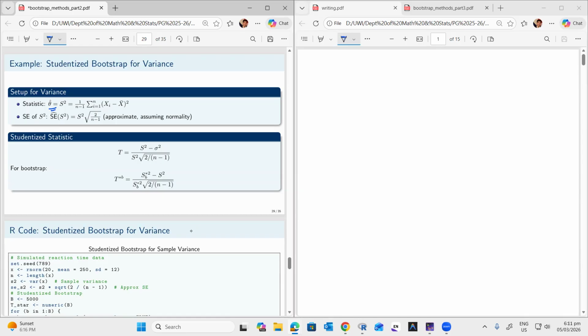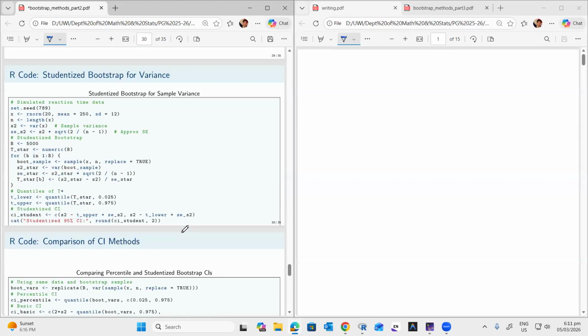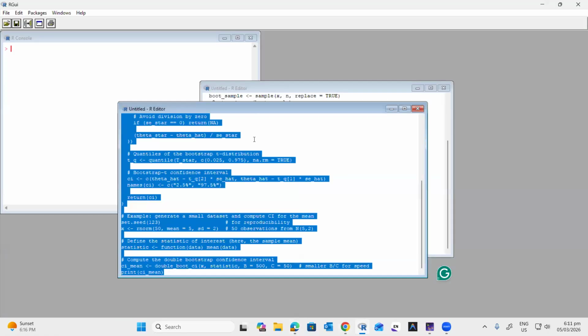That will be s b star square minus s square upon s b star square into square root of 2 upon n minus 1. So for that one we have the R code here. We will discuss this R code.